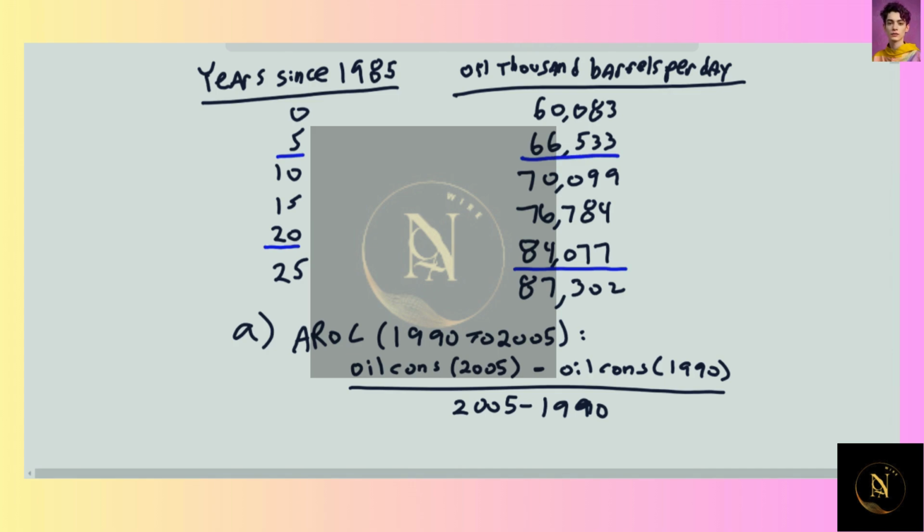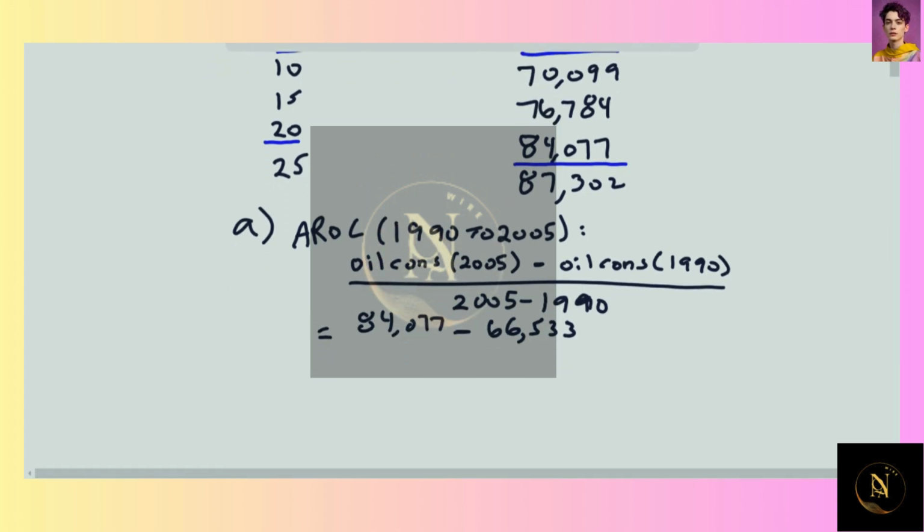So that means that this is equal to 84,077 minus 66,533 divided by 2005 minus 1990. Remember, these are coordinated. So the input year for the first entry in the numerator is the first year in the denominator.